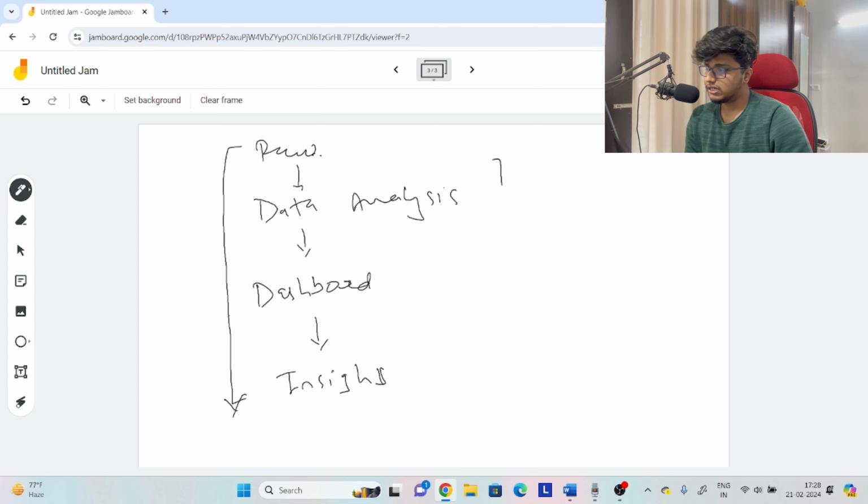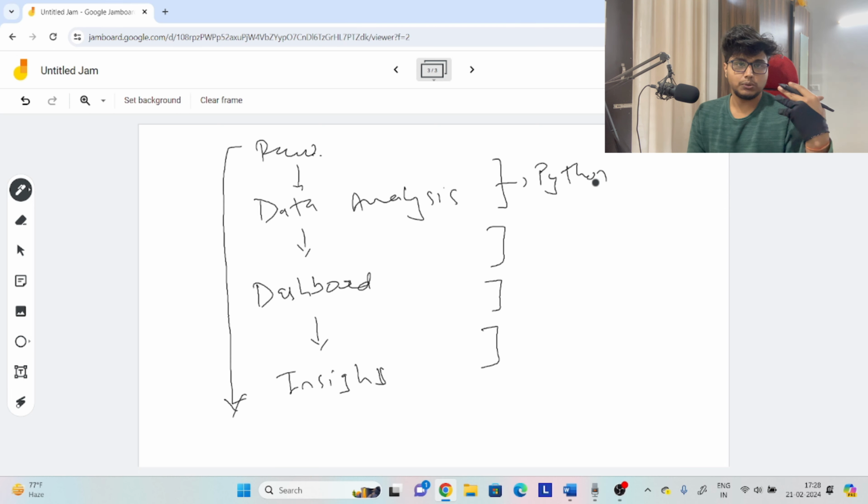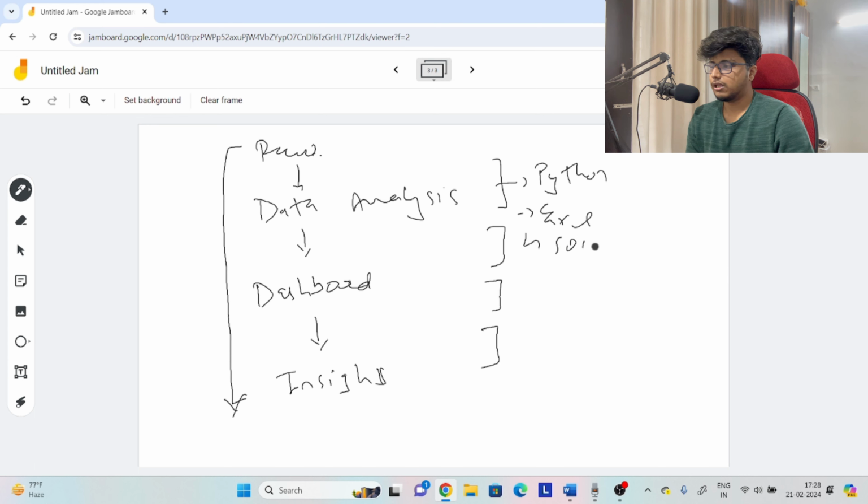Now for each task they might use a different skill, right? For data analysis, they can do it in Python as well. In Python there are libraries that you can use for data analysis. Then you can use Excel as well, then you can use SQL as well, right? All of this data analysis can be done in all of these tools.